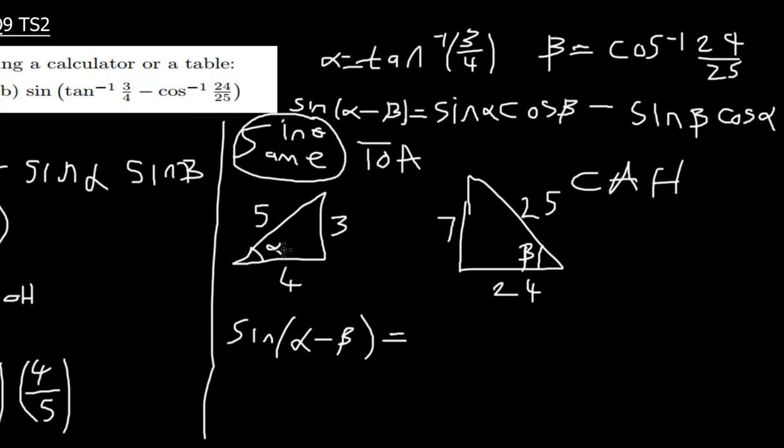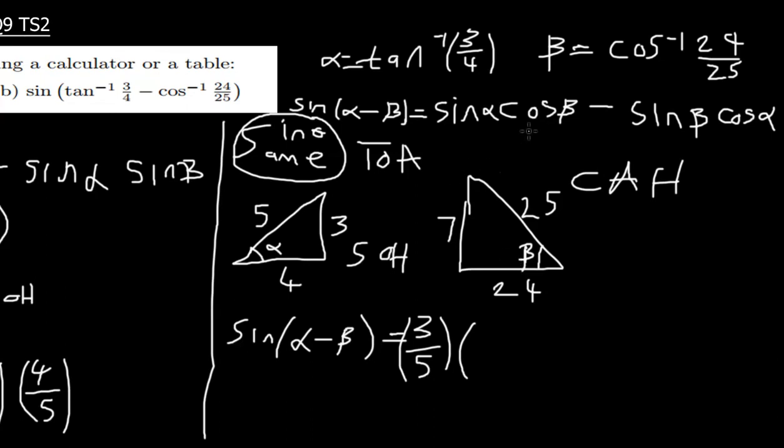I'll go where there's this angle alpha, and then I'll find my sine. Sine is opposite over hypotenuse, according to SOHCAHTOA. What is my opposite to this angle? The opposite is 3, and my hypotenuse there is 5. Then I'll write it there, and then open brackets.